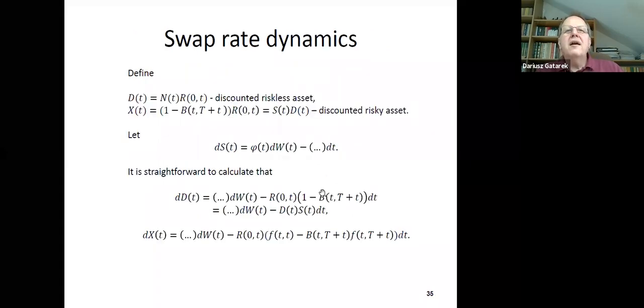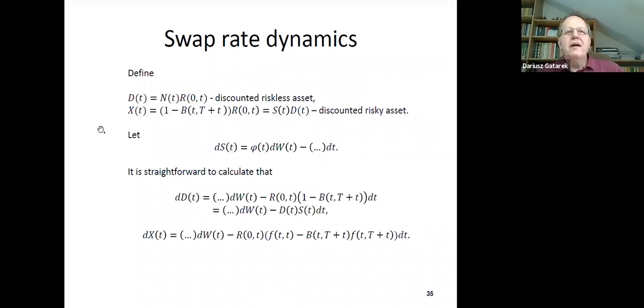And then again, let us define by D. This is the discounting riskless asset. This is the discounting risky asset. We've got a formula here.